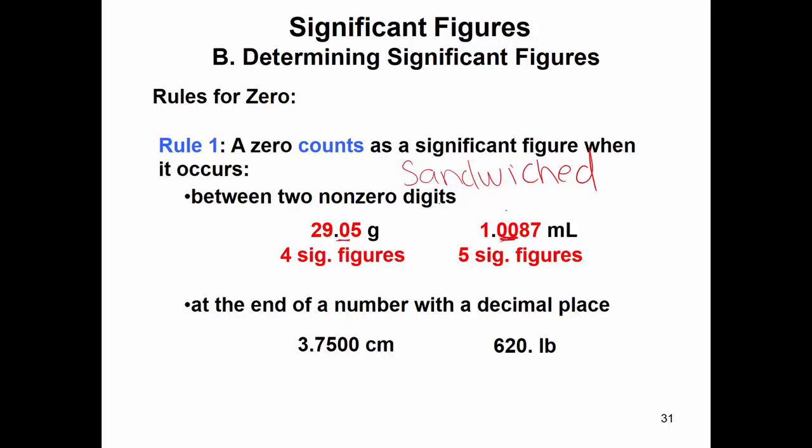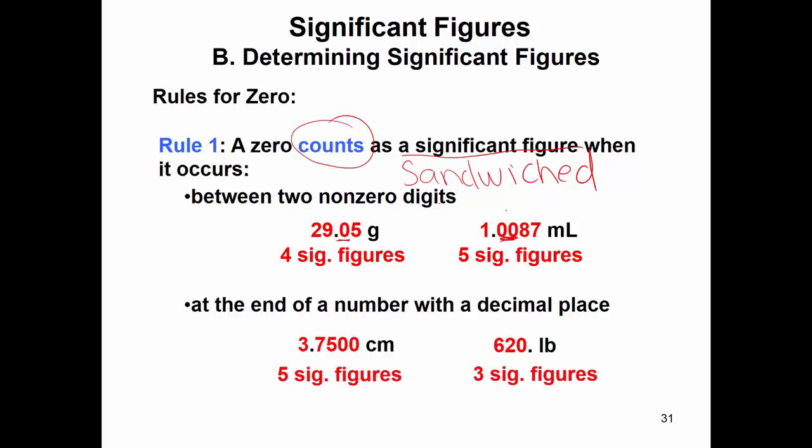If they're in between 2 non-zero digits, then they are always significant. So these do count as significant figures. Here we would have 4, the 2, the 9, the 0, and the 5, because the 0 is sandwiched in between. And then we have 5, because both of those zeros are in between the 1 and the 8. So there's 4 and 5 sig figs there.